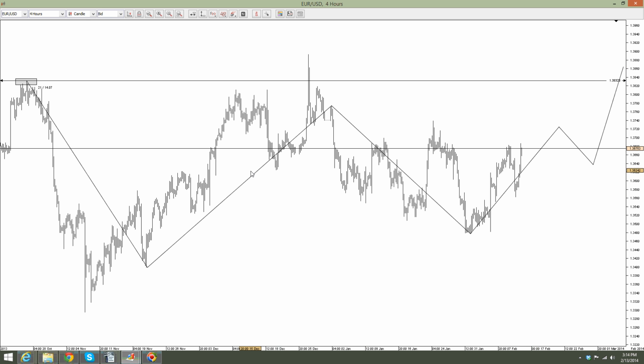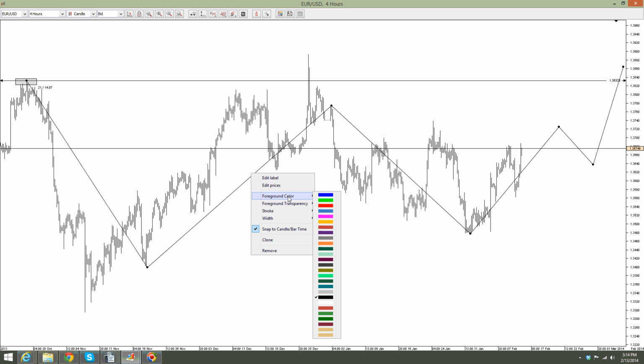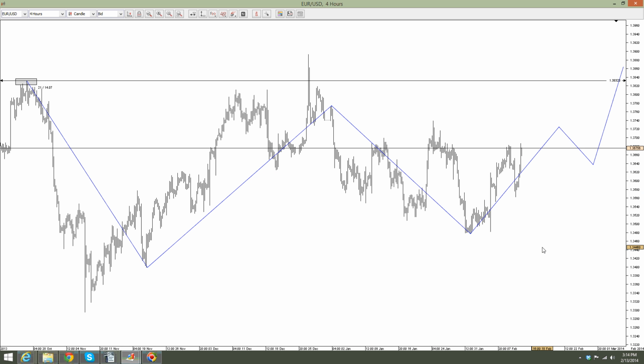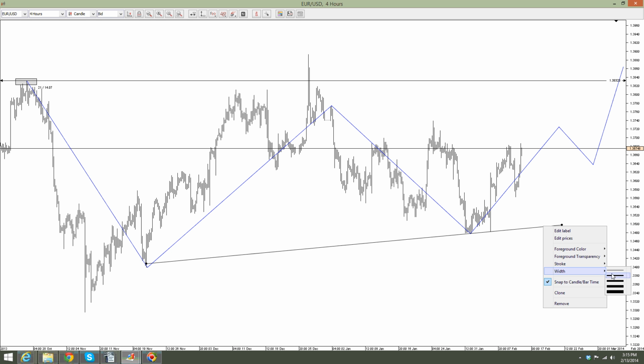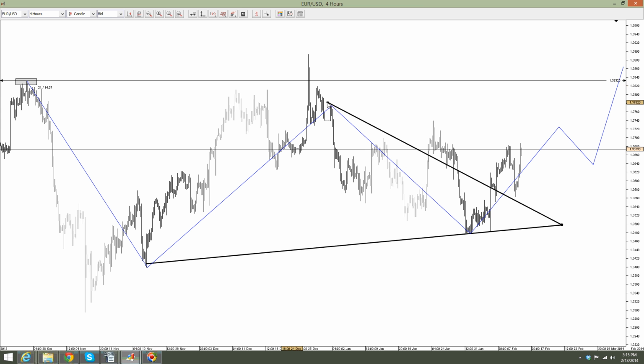What I'm trying to say is that we are now in the possible D wave, and this would be our scenario, and the triangle should travel like any other triangle within the A and C and the B to D trend line.